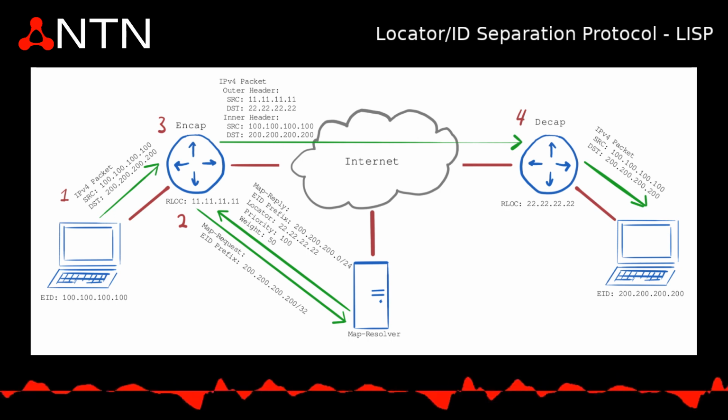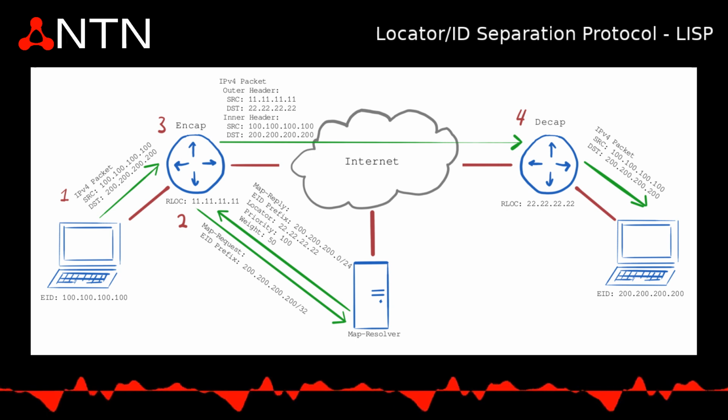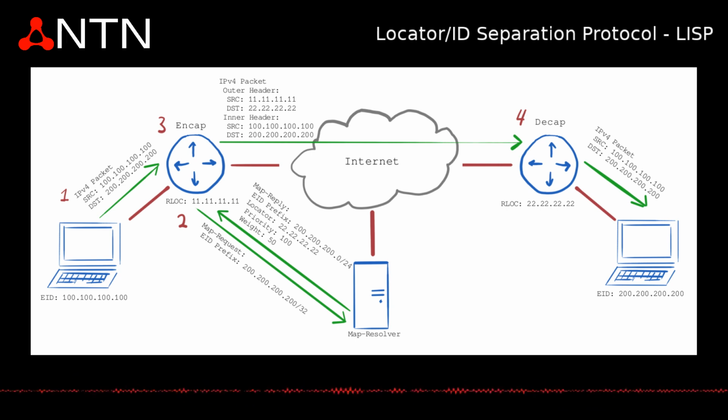RFC 6836 describes LISP plus ALT in detail. There are other standards for LISP databases, and all provide a common interface for LISP routers. I'm not going to spend much time discussing the database implementation. Instead, we'll focus on the standard interface they provide.